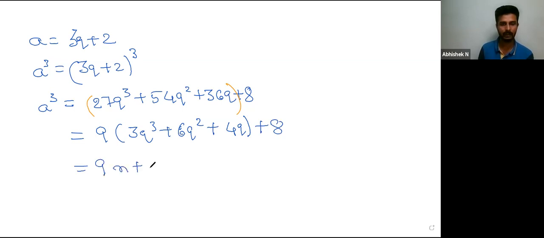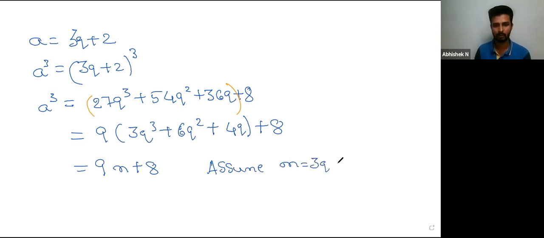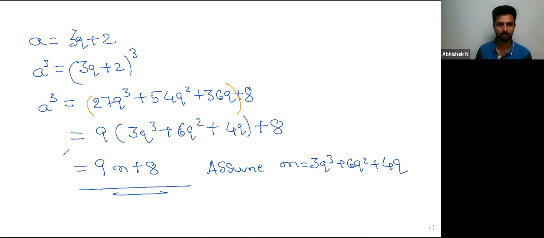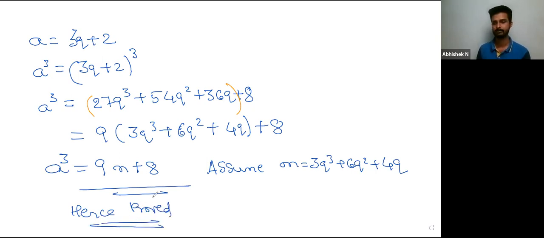So 9m plus 8 here, assuming m is equal to 3q cube plus 6q square plus 4q. So again, cube of any positive integer is of the form 9m plus 8. So hence proved. Is that clear, everyone?